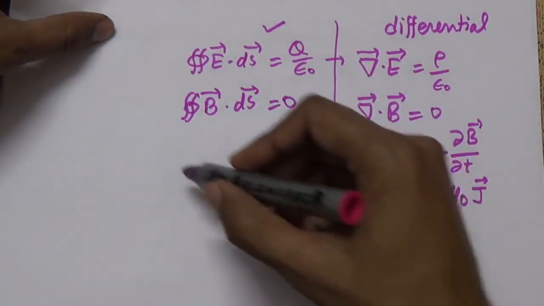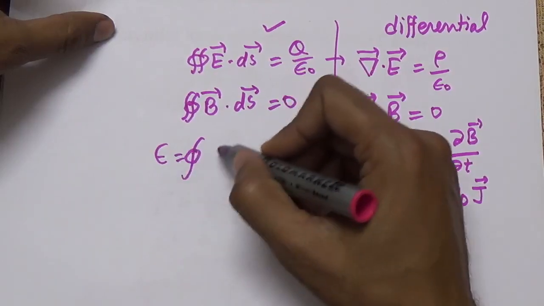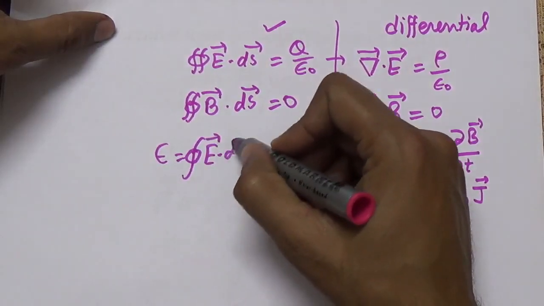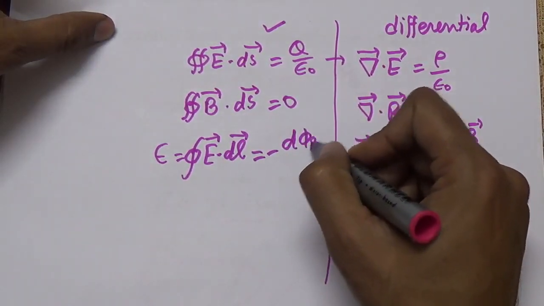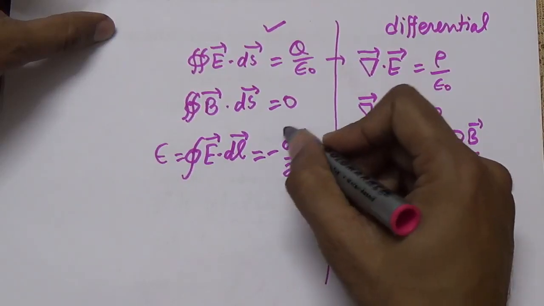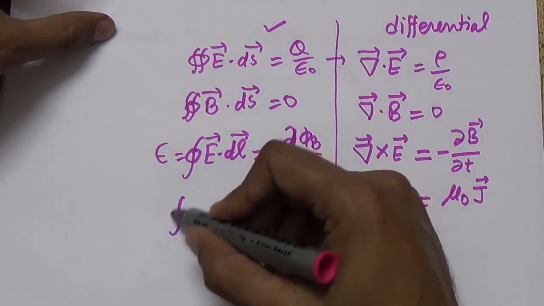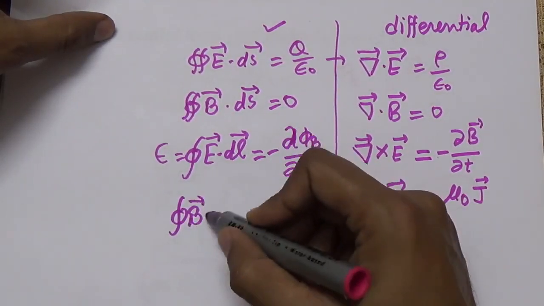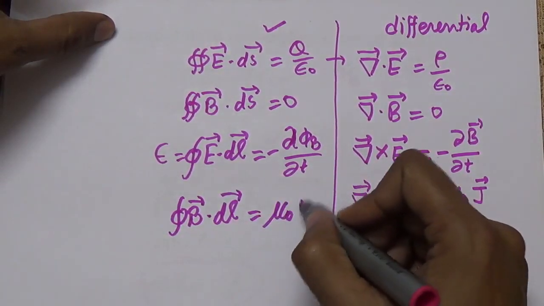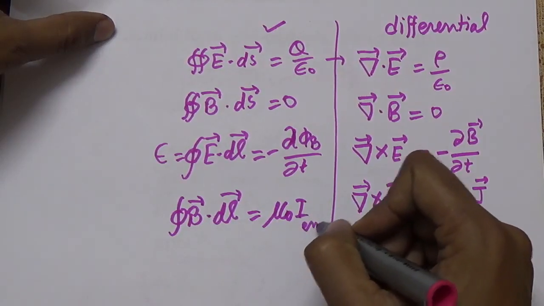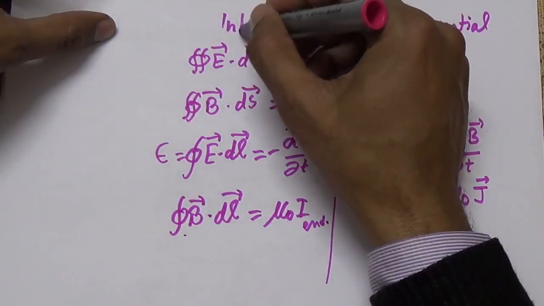Third is the Faraday law, EMF equal to closed path integral E dot dl equal to minus del phi B upon del t. Fourth is Ampere's law, which states closed path integral B dot dl is equal to mu naught times I, the current enclosed by this closed loop.